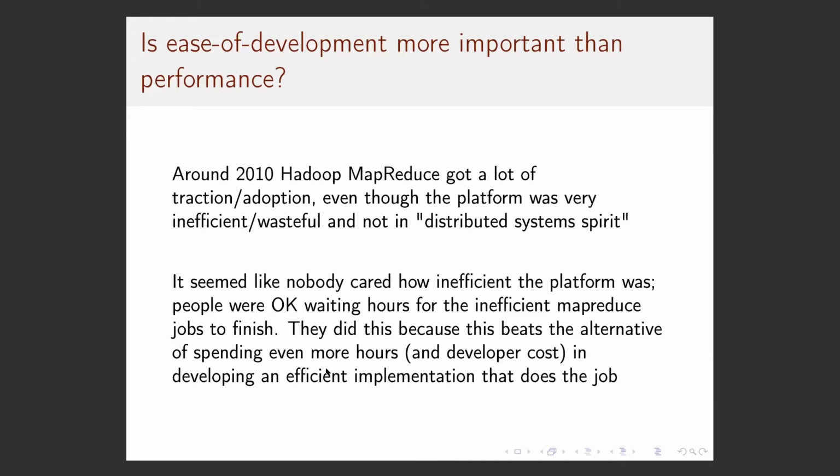Another discussion point I want to open is, do users really care that much about performance? History told us that they didn't. Actually, I was also repulsed by this, starting from maybe 2008, going to 2013, 14. Hadoop MapReduce was very, very popular.